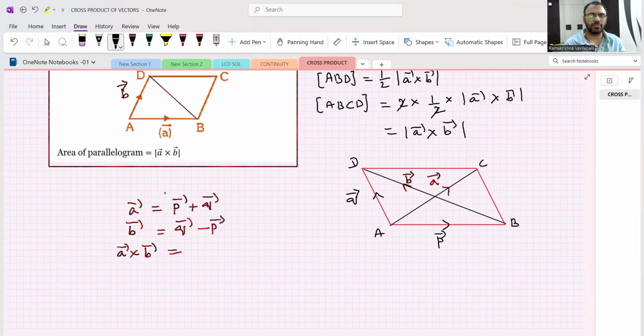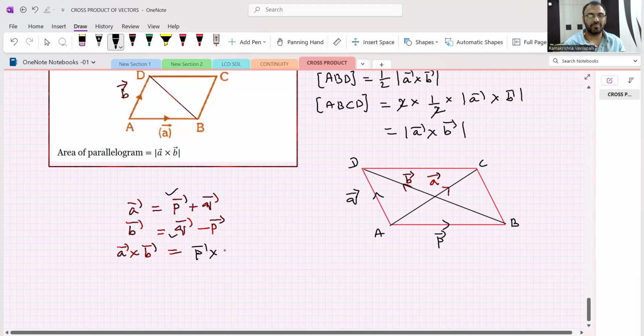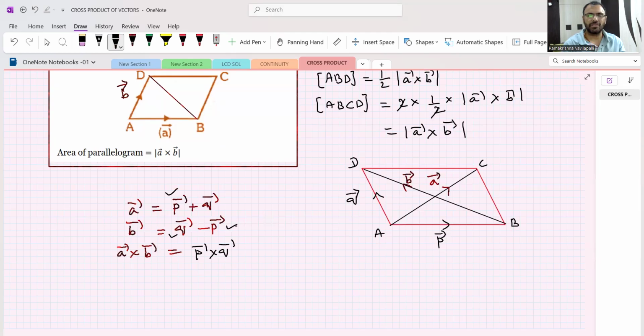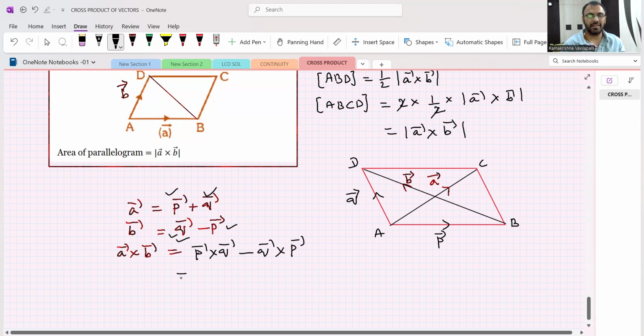P cross Q, P cross P is 0. Now apply with Q. Q cross Q is 0. Minus Q cross P. That is nothing but 2 times P bar cross Q bar.